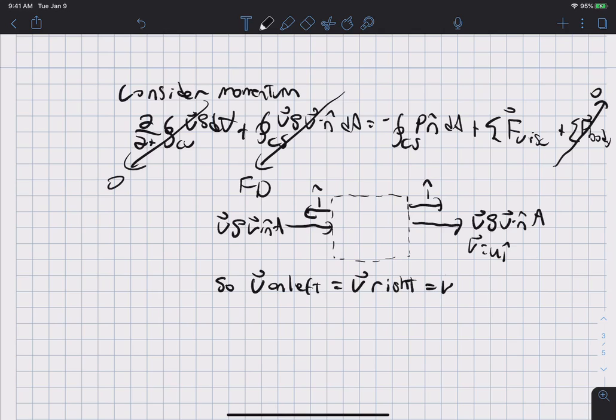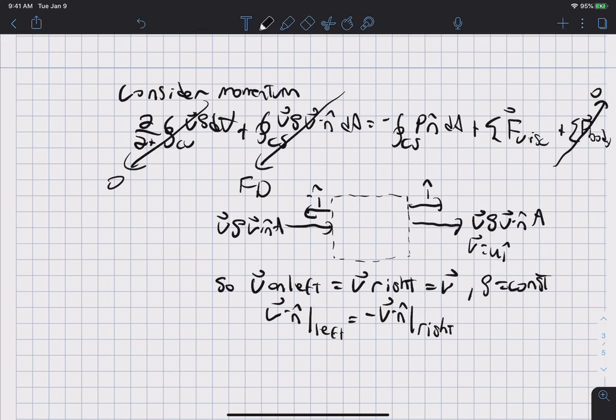I'll just call that v, like I have there. And rho is constant. Okay, and v dot n hat on the left equals minus v dot n hat on the right. That's just because you have the same v on the left and the right, but the i hats are in opposite directions.